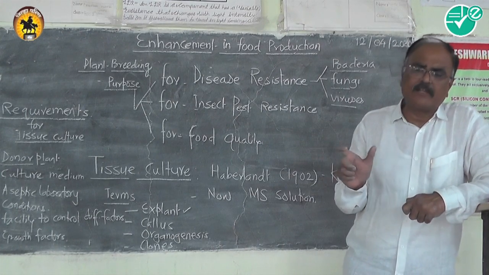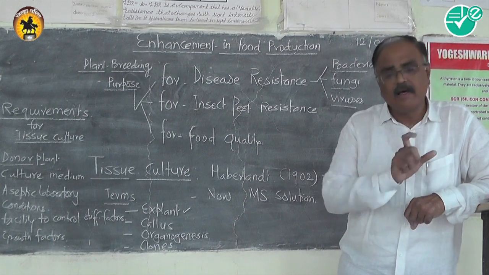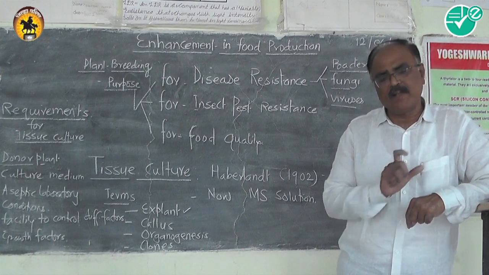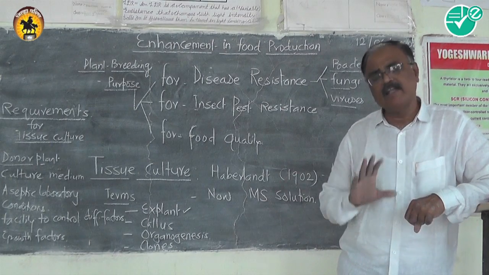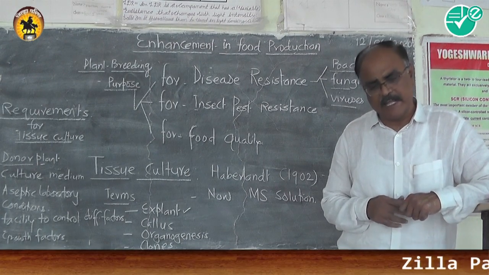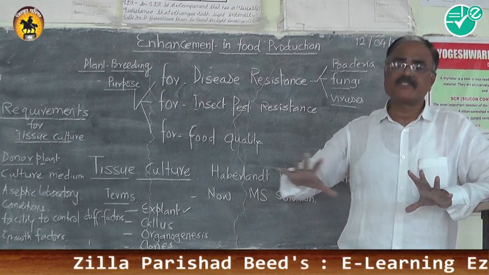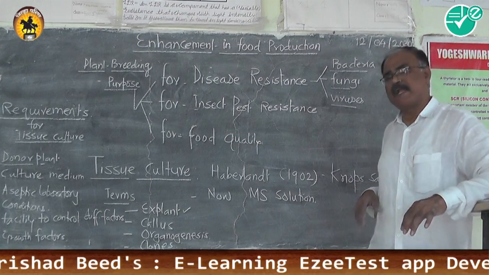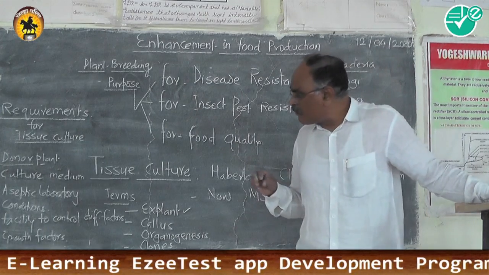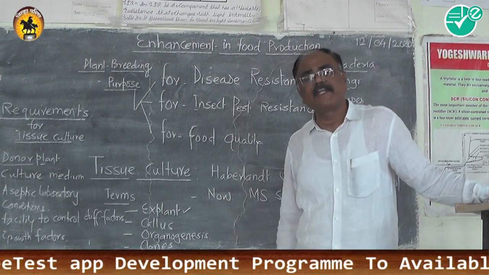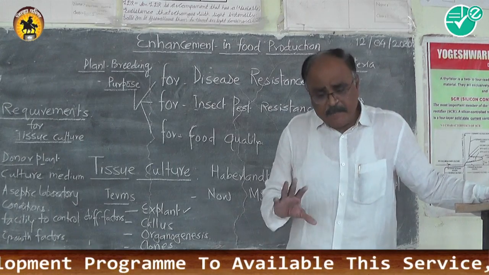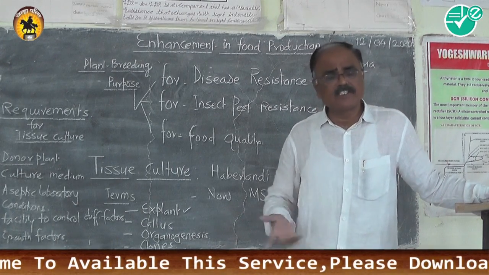Aeration is proper and nutrition is proper in suspension culture. And what happens? A large number of cells are found suspended in the suspension medium. Such a medium is fast growing.